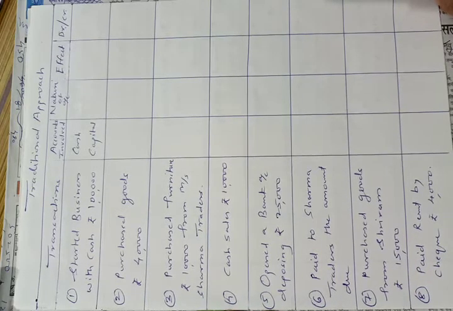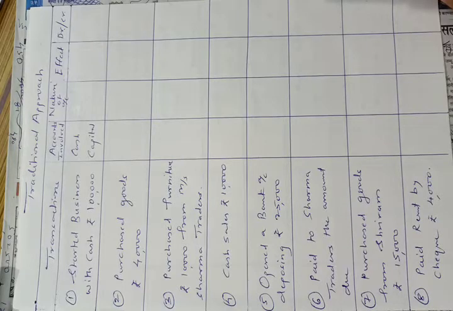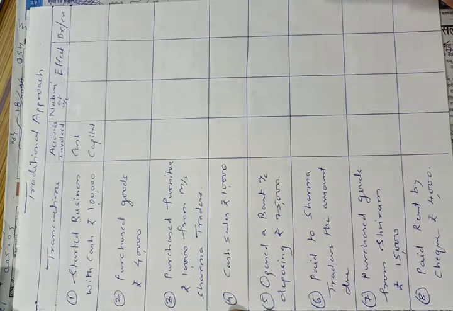Second, real account. It includes accounts of assets and properties, and the rule is debit what comes in, credit what goes out. Third, nominal account.